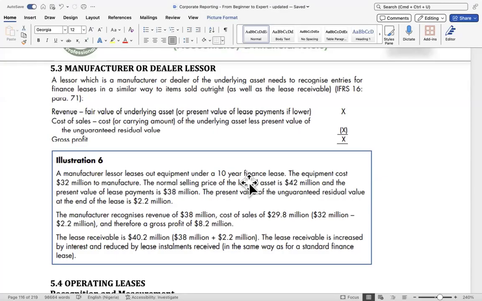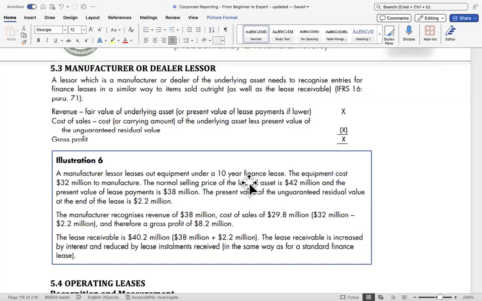He would have recognized revenue and cost of sales. But because he has leased it out, he might not necessarily go through P&L. All he will do is net investment in the lease, finance income, and all of that I've taught you so far. But that won't be right.